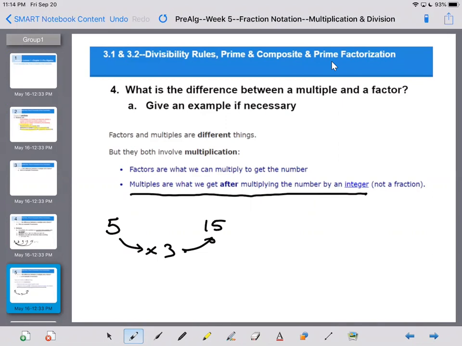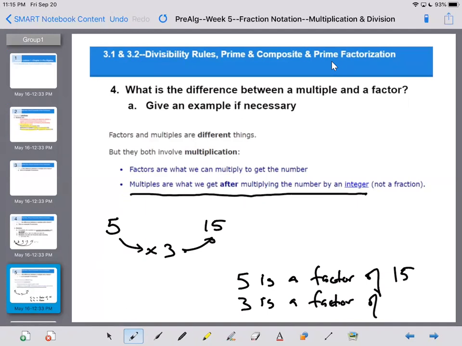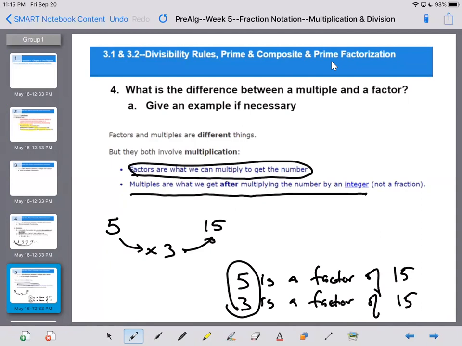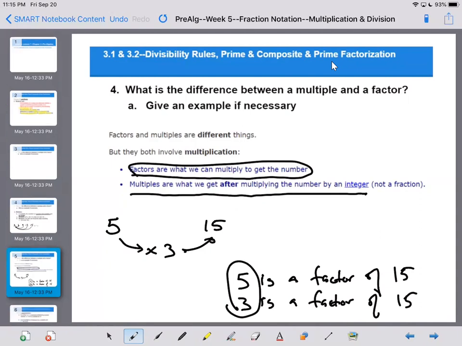We wouldn't say 5 is a multiple of 15. We would say 5 is a factor of 15. 3 is a factor of 15. So factors are what we can multiply to get the number. So 5 and 3, we multiply those together to get 15. So 5 and 3 are what we call factors.